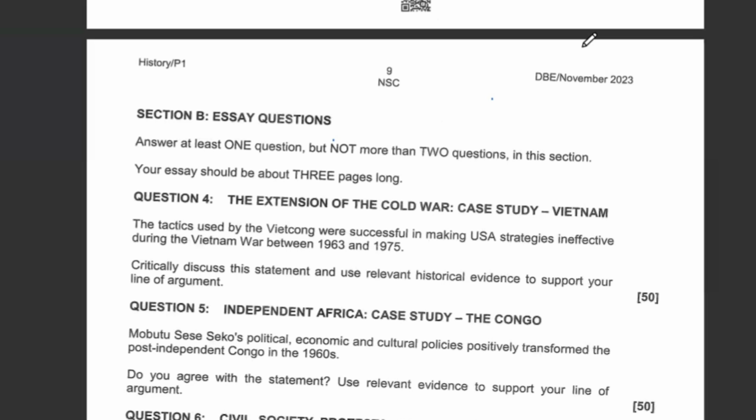We can link it by a statement like, fear was instilled amongst the American troops since they didn't know when the enemy was to attack them and how the enemy was going to attack them. And as a result, they lost confidence in the war, resulting in the ineffectiveness of their strategies in the Vietnam War. You see how we are going back to our line of argument.